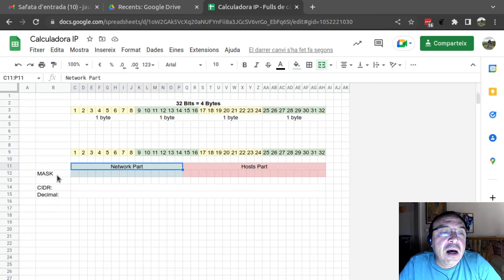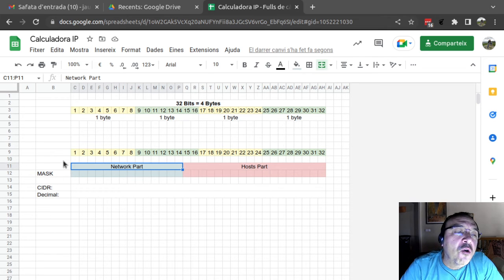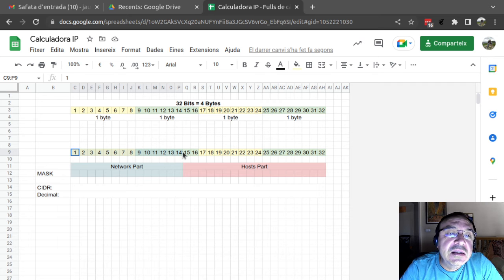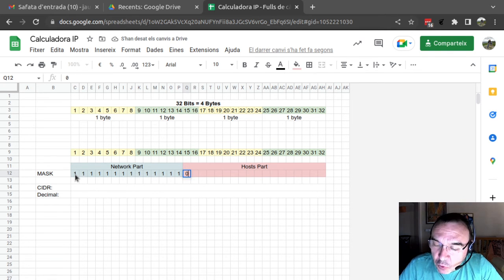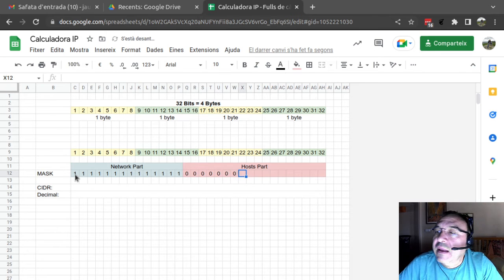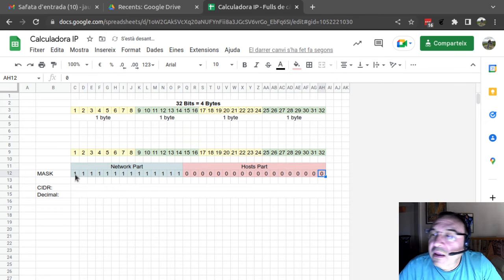So for example, if our network part is the first 14 bits, we have to put 1 in every single bit of those 14 bits. Whereas in the host part, we'll have to put 0 in every single bit. That is the way we express a network mask. That's the way a computer needs a network mask.